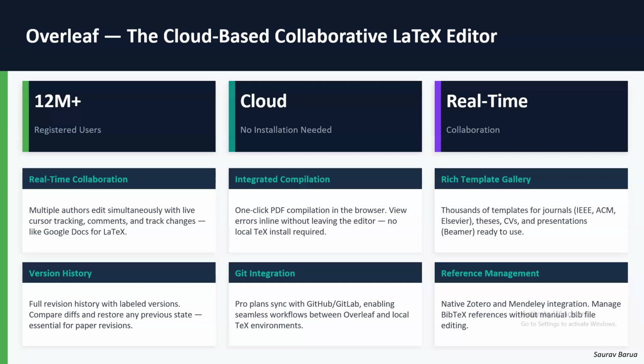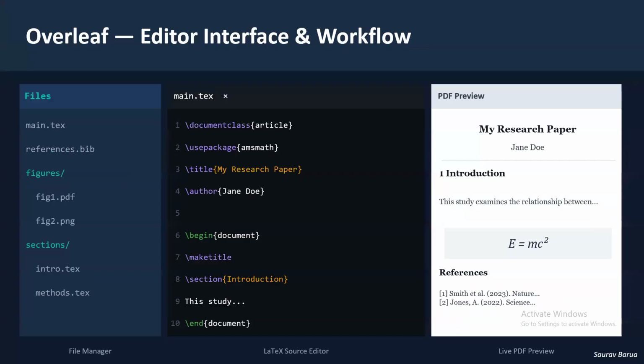And reference management is another wonderful feature of Overleaf. We can use native Zotero and Mendeley integration and manage the reference text for editing. We can see here the LaTeX code, the Overleaf editor interface and workflow. And here is the document class and use package.